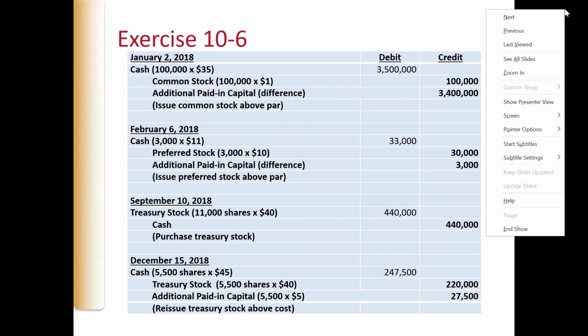Then, for the February 6th journal entry, we debit our cash for the full amount. We credit our preferred stock for the par value, and again, we credit additional paid-in capital for the difference.